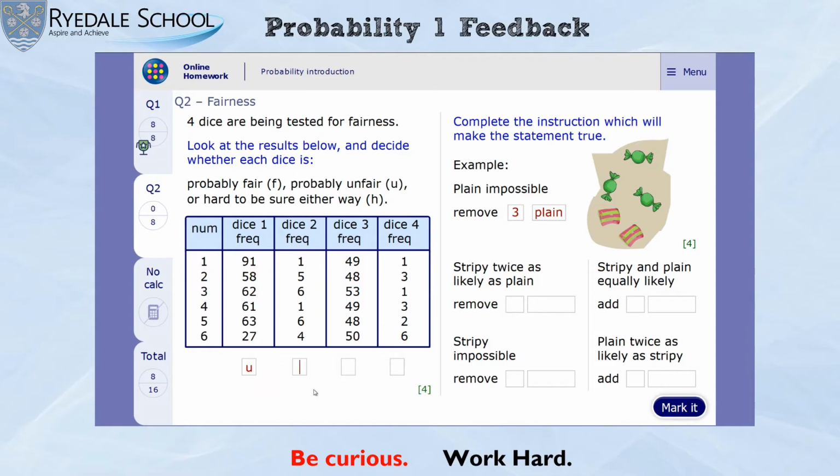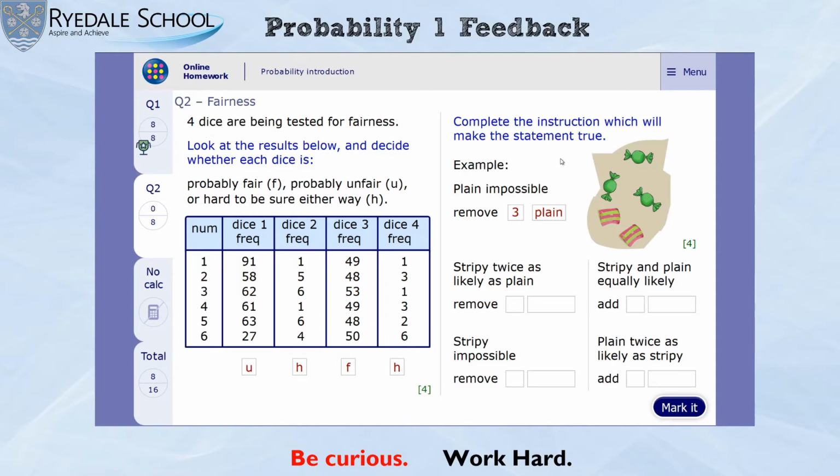Dice number 2 hasn't really been rolled enough to know, so I'm going to say not sure either way. Dice number 3, each of those outcomes is about 50, so I'm going to say that's probably fair. And again, dice number 4, it hasn't been rolled enough to know, so I'm going to say hard to be sure.